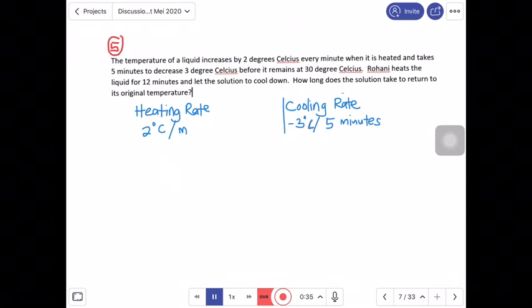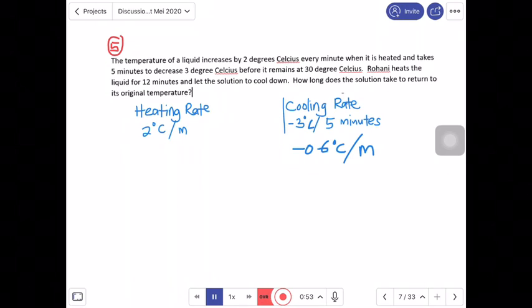So we have to get how much it decreases within 1 minute. So we just divide by 5, therefore you get negative 0.6 degrees Celsius per 1 minute. Okay.